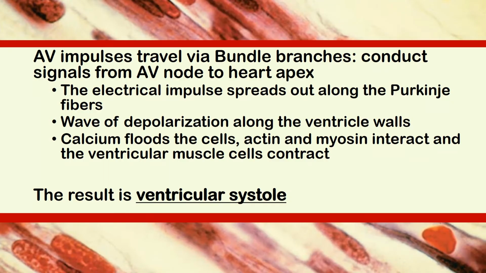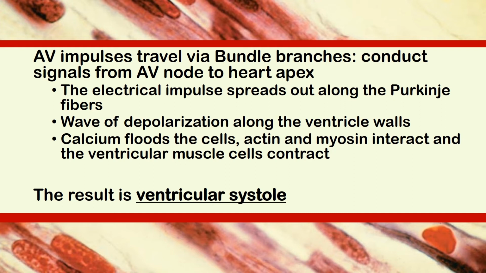So once the AV node is activated, you then have the signal being passed down to the bundle branches. These are going to be a set of specialized muscle fibers that are kind of lousy themselves at doing the whole contraction thing, but they're really darn good at quickly passing an electrical signal as a wave. As they move that action potential down, conducted through the bundle branches, they move and then spread out through the Purkinje fibers. Those Purkinje fibers will then move that signal from the apex or bottom of the heart out into the walls of the ventricles.